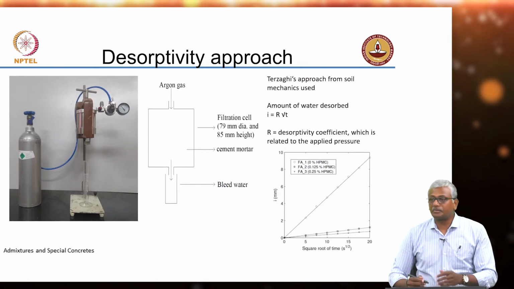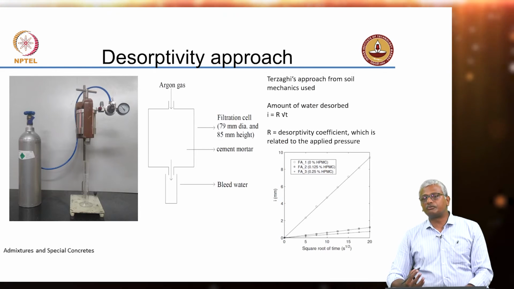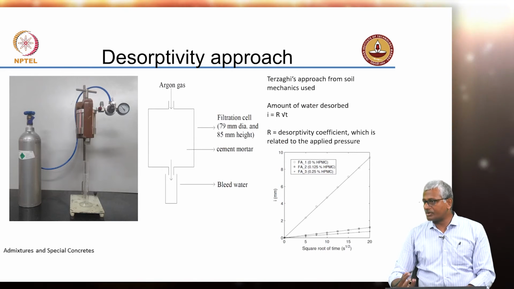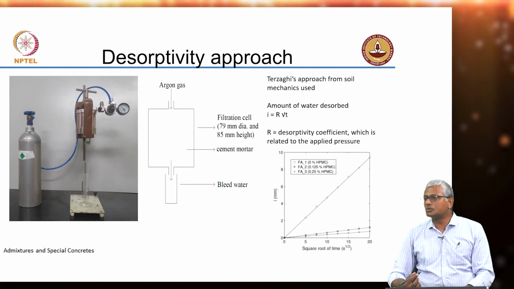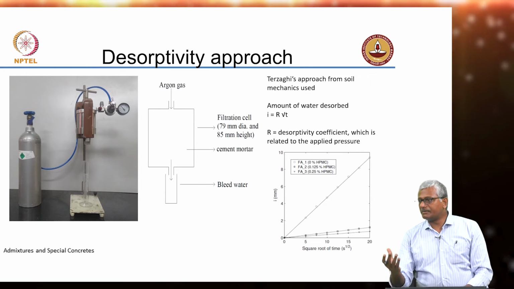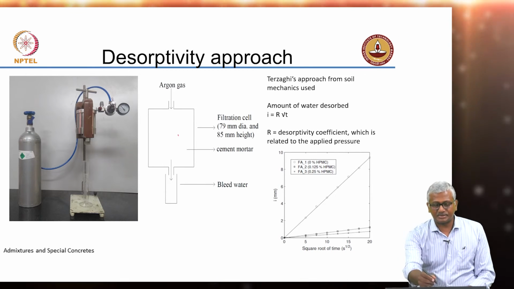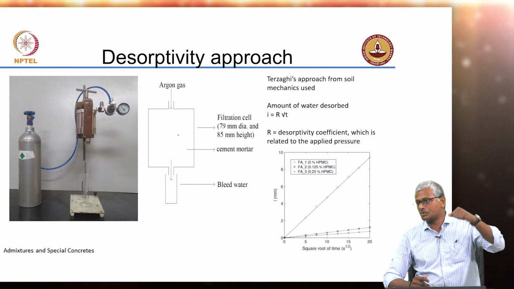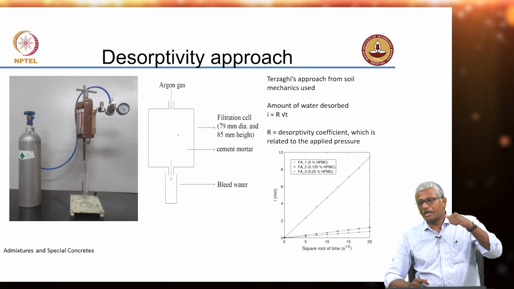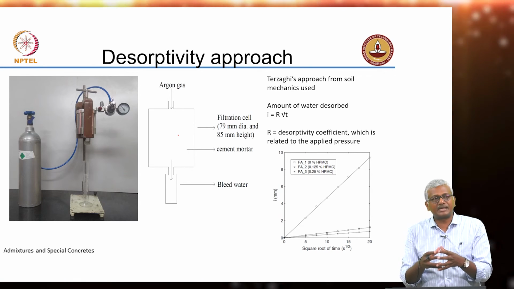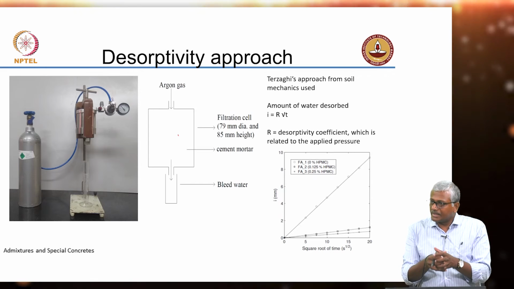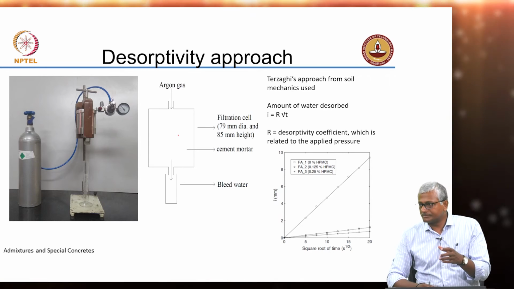So, we adopted this test methodology which is typically used for water retentivity of mortars. What we simply do in the water retentivity test for mortars is take a fresh mortar and put it in a cell where you can apply pressure using gas. When you apply pressure using gas, if the water inside is not held tightly, it will start bleeding out.